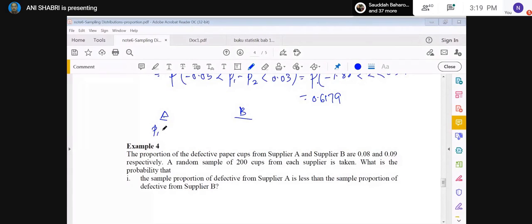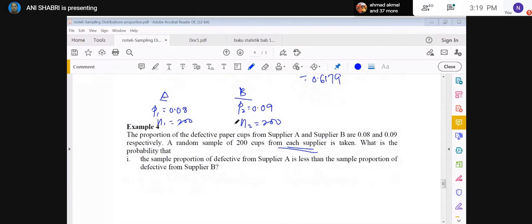For this one, P1 is 0.08 and P2 is 0.09. A random sample of 200 cup from each supplier. This one is given, n1 is equal to 200 and n2 is the same, 200.